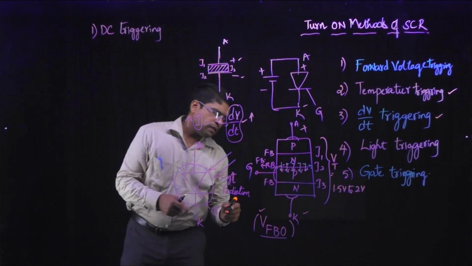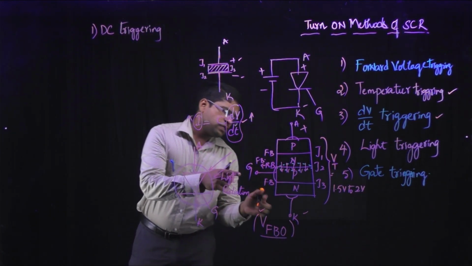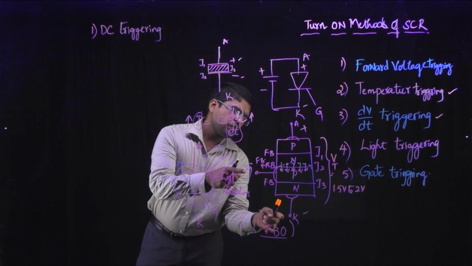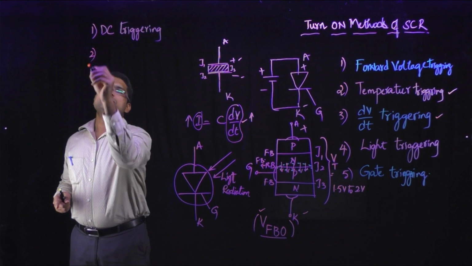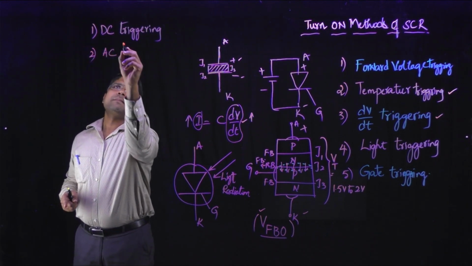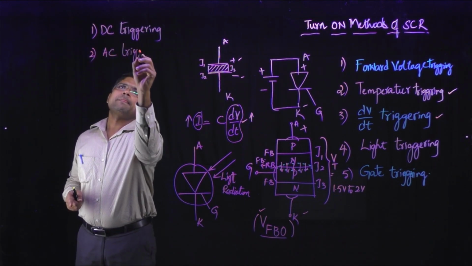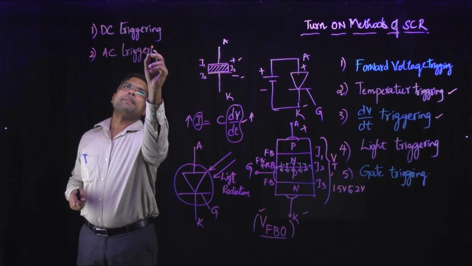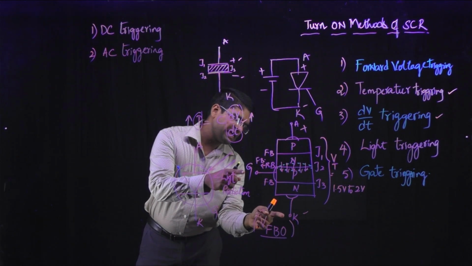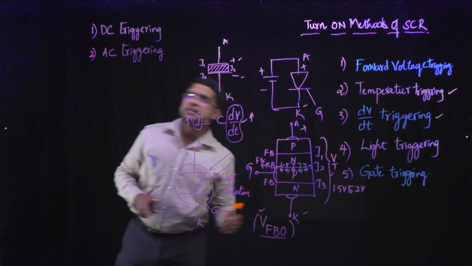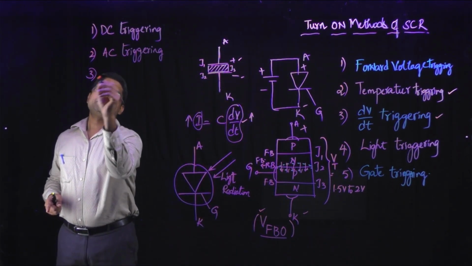If we apply the AC voltage to turn on the device, the type of triggering is called AC triggering. If we apply a pulse across gate and cathode terminals to turn on the SCR, the type of triggering is called pulse triggering.